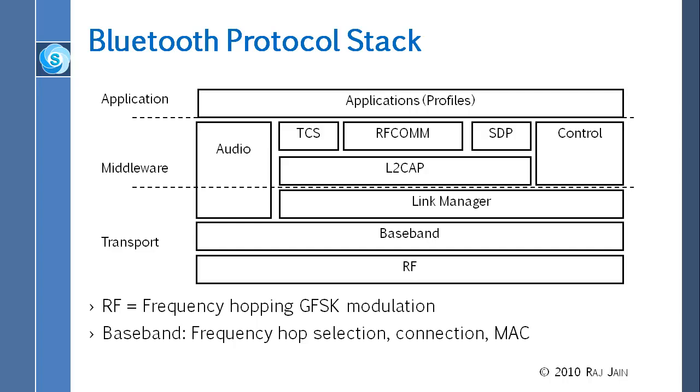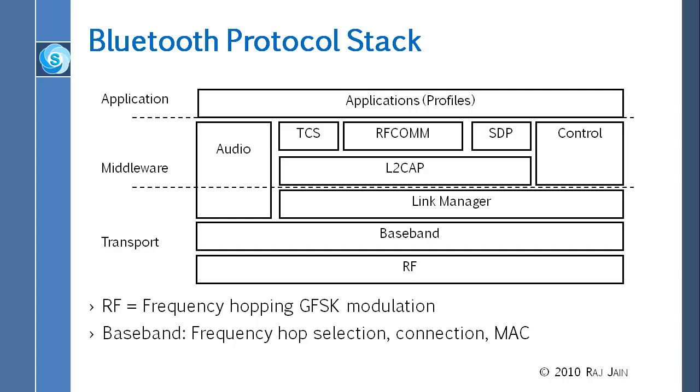Now RF and baseband, these two are the physical layers. This is simply the frequency hopping layer. So we talk about the frequency hopping, but then we also use what we call GFSK modulation, Gaussian frequency shift keying.